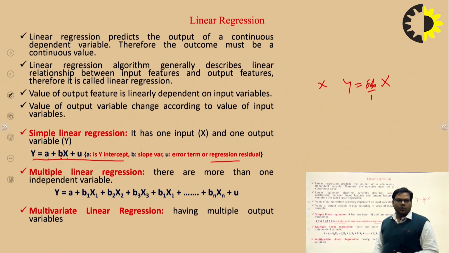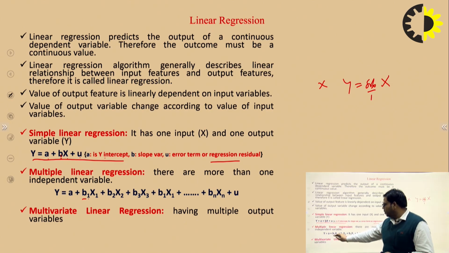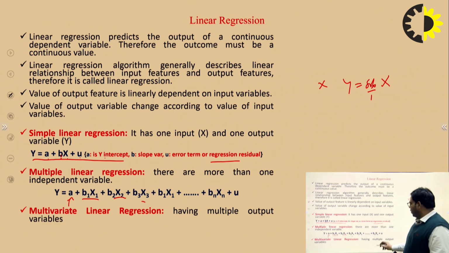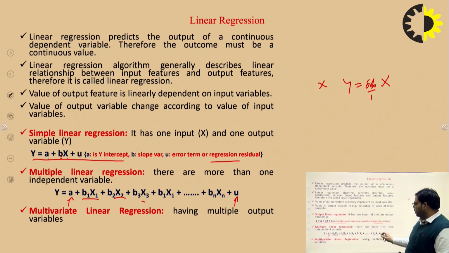But if I do have multiple input factors or multiple independent variables, then the equation could be in this form. The a is going to be constant in the same way and the u is going to behave in the same way. But instead of this x, now I am having x1, x2, x3, up to xn. It would be b4, x4, up to bn, xn.